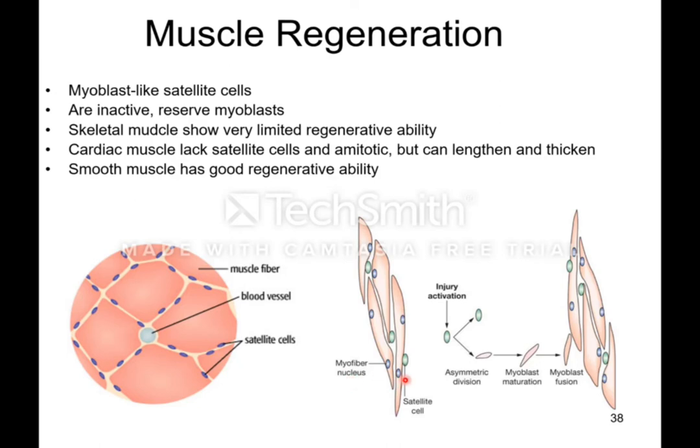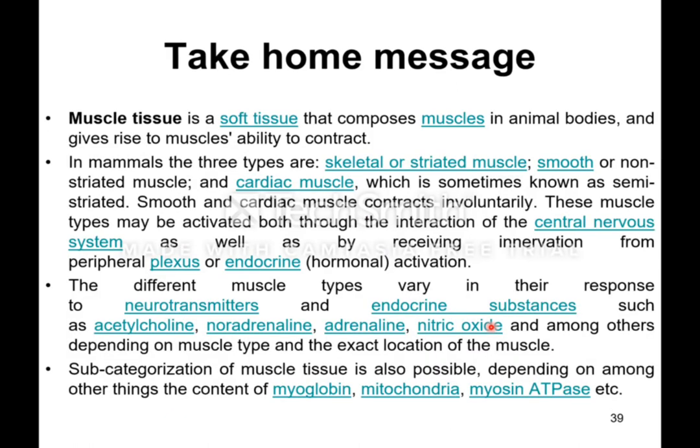These satellite cells have asymmetric division. Some of them differentiate to myoblasts. That myoblast may fuse in the skeletal muscle or not fuse in the smooth muscle. And some of them remain as a pool of satellite cells and stem cells in the muscle tissue.